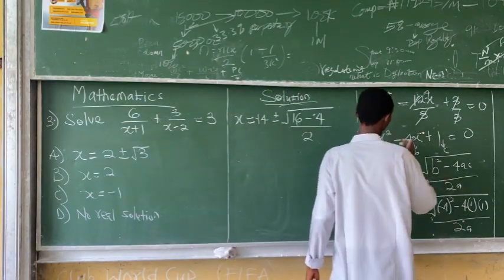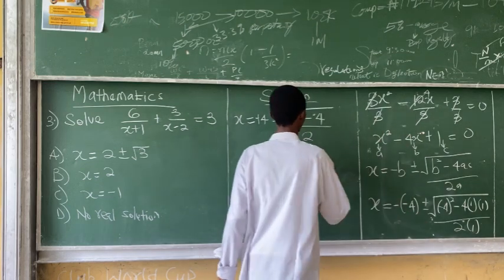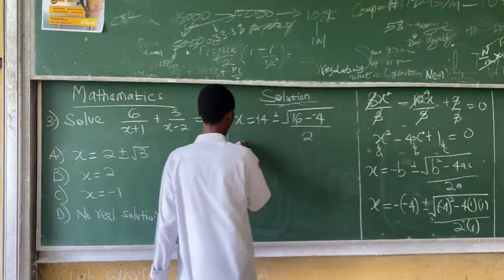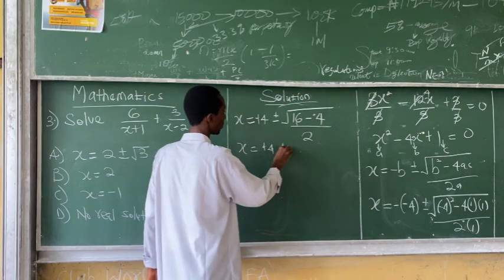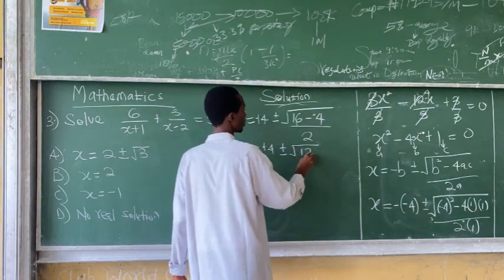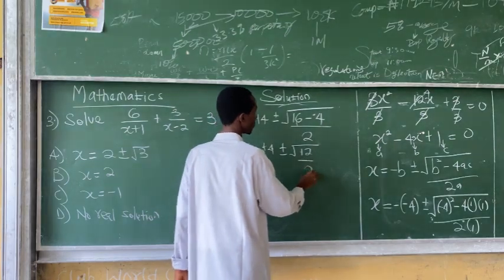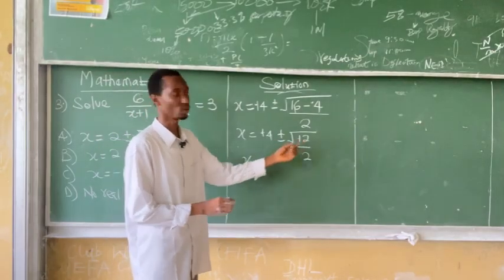Don't forget, a here is what? 1. So this is 2 into 1. 2 times 1 gives us 2. Here we have x is equal to plus 4 plus or minus square root of 16 minus 4 is 12 over 2. Now, from this point, we have root 12.